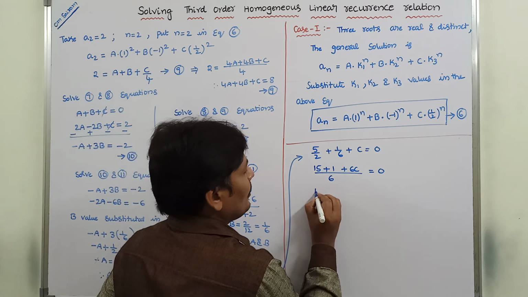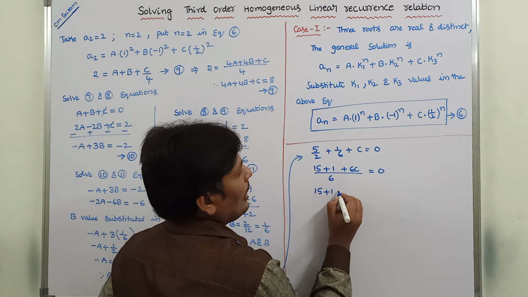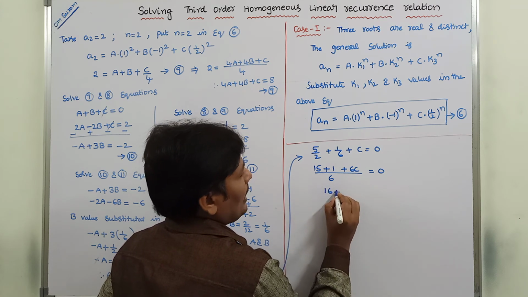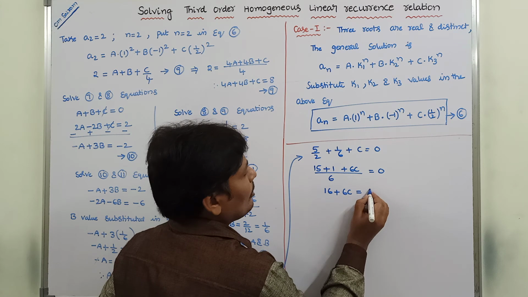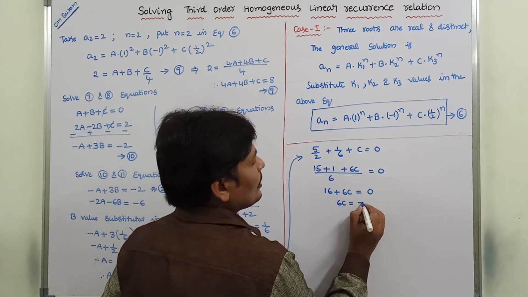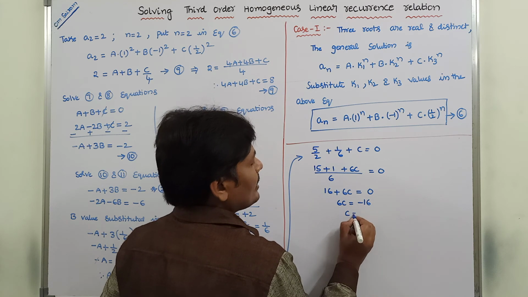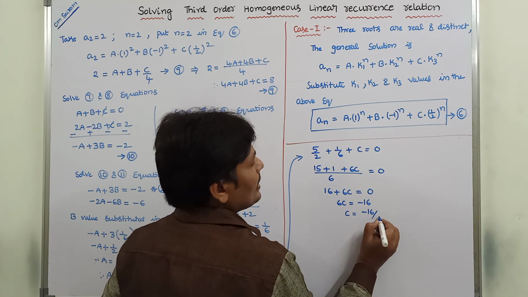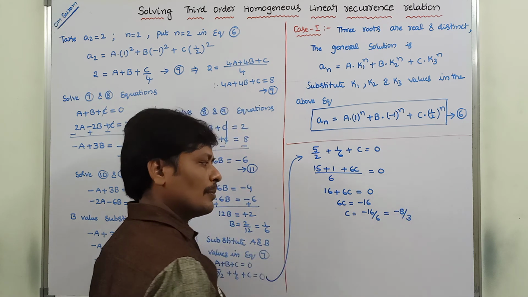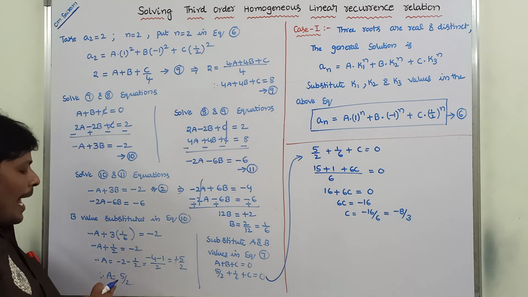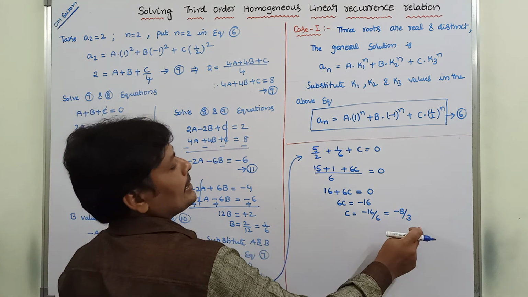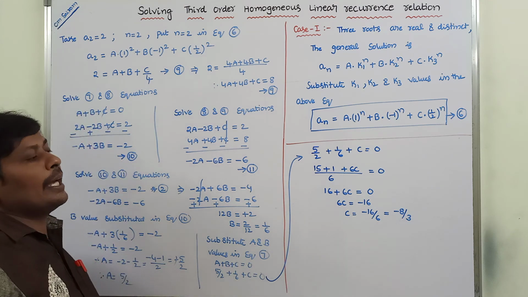So now 15 plus 1, that is 16 plus 6C is equal to 0. So now 6C is equal to minus 16 and C is equal to minus 16 by 6, that is minus 8 by 3. So now A value is 5 by 2, B value is 1 by 6 and C value is minus 8 by 3.